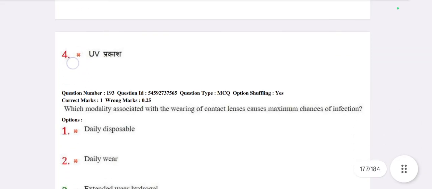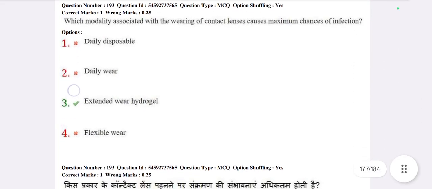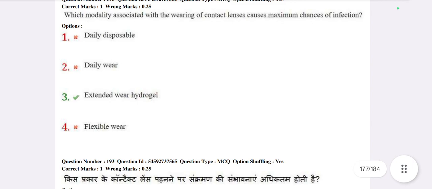Next question is, which modality associated with the wearing of contact lens causes maximum chance of infection? Options are, first daily disposable, second daily wear, third extended wear hydrogels, fourth flexible wear.